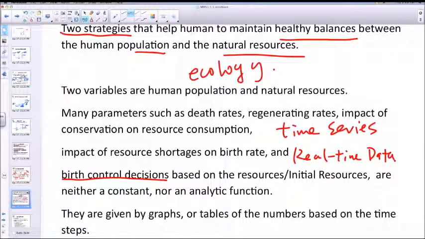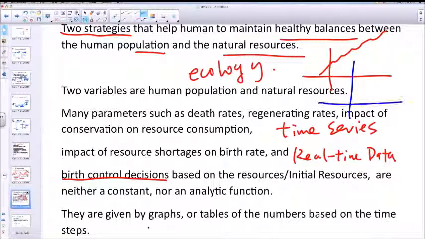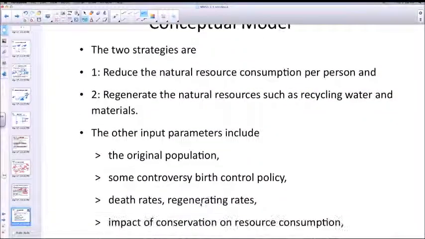Those data could be like the unemployment rate, the rate of starving people, or the change of population over time. There might not be a smooth curve, could be a curve like that, and not even a curve. A time series could be probably like that. So let's look at this model.